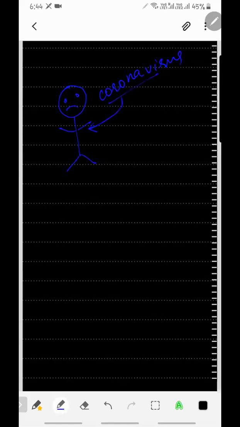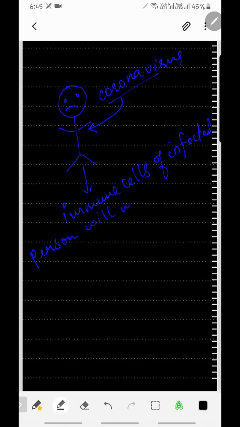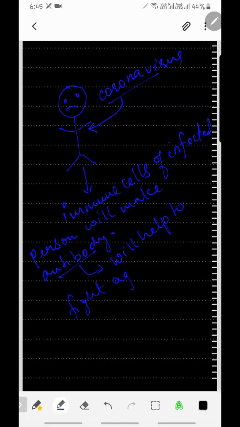Now this coronavirus getting into the body, the immune cells of the infected person will make antibody. This antibody will help to fight against the virus. Okay.